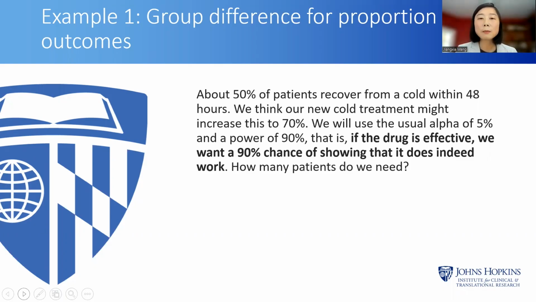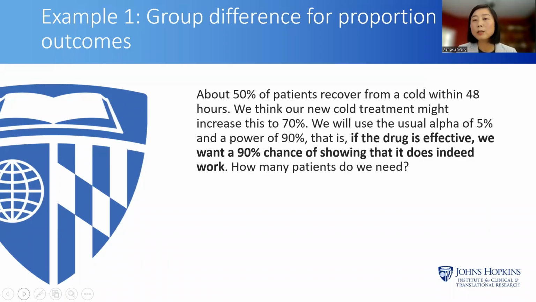In this example, this is a very typical sample size calculation problem for group difference for proportion outcomes. Here we have a study about treatment for cold. We assume about 50% of patients recover from cold within 48 hours.